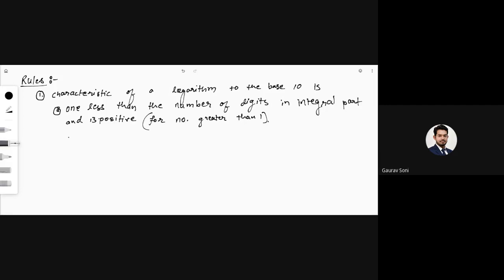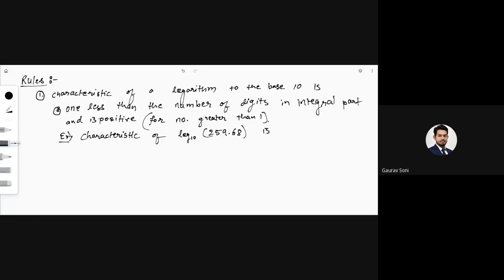So immediately I will write down some examples. What I mean by integral part is the part which is before the decimal point. So the characteristic of log to the base 10 of, say, 259.68.